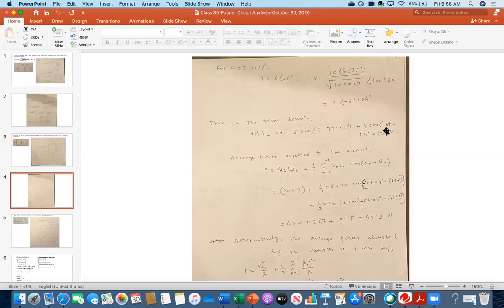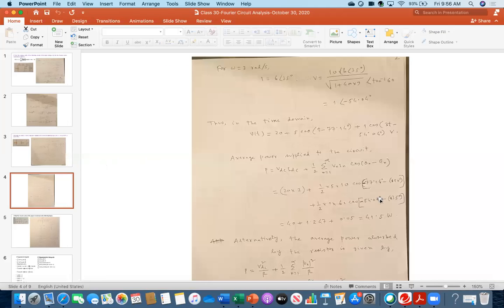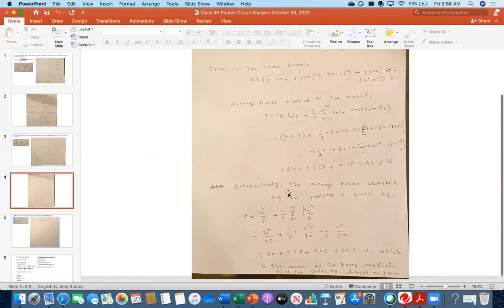This is your third harmonic component, so you compare with the third term of the current. So that's all. Here I am showing an alternative, instead of doing the power calculation in that way. Everybody see, you are done. You can conclude here, but I am showing the alternative method of doing this.